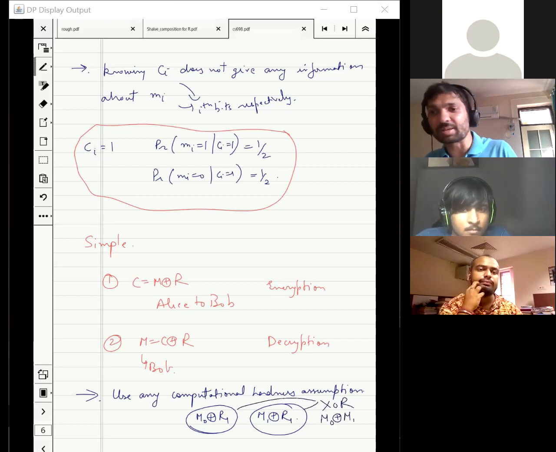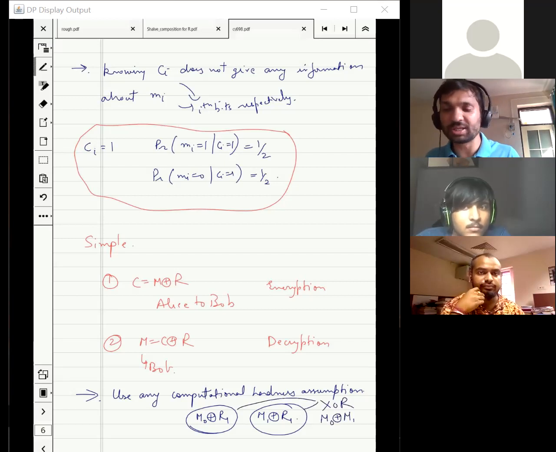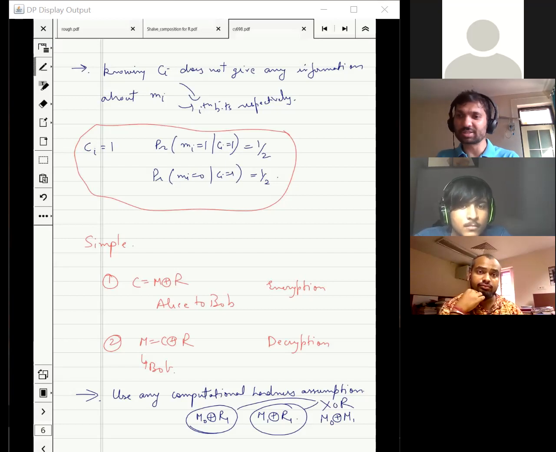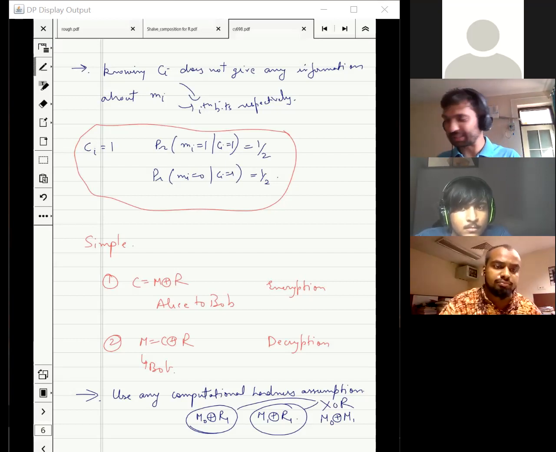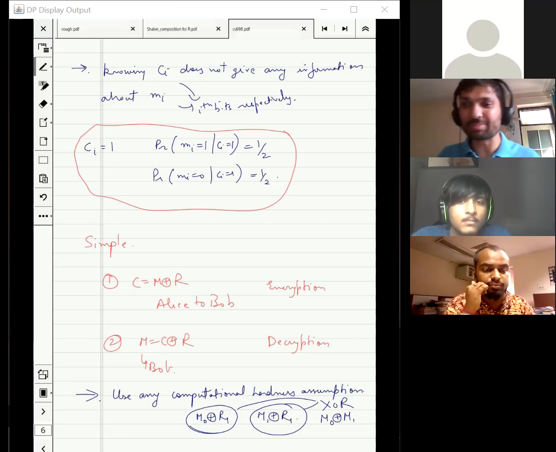Right? And that is still some information. The same idea which Anindya was saying, that if you have the query access, you can separate out your message into two parts and then get the respective codewords and then XOR, right? So you don't want to use the same secret.